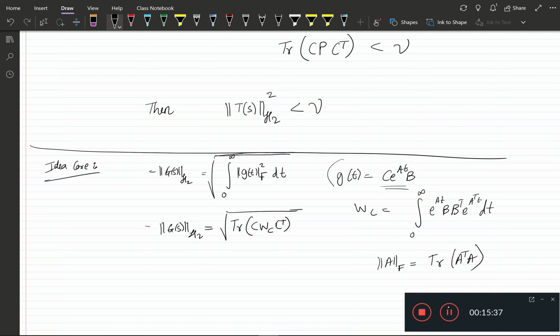So with these three ingredients, you can see that the H2 norm can first of all be written as the square root of trace C W_c C transposed.